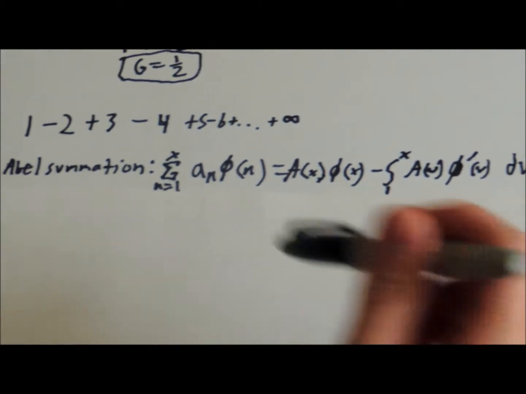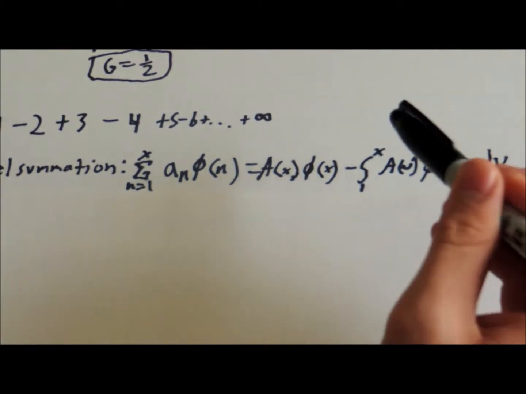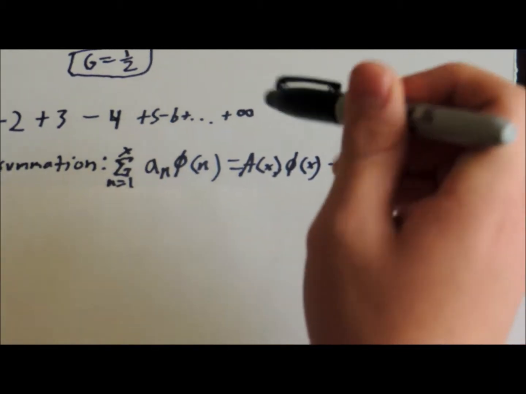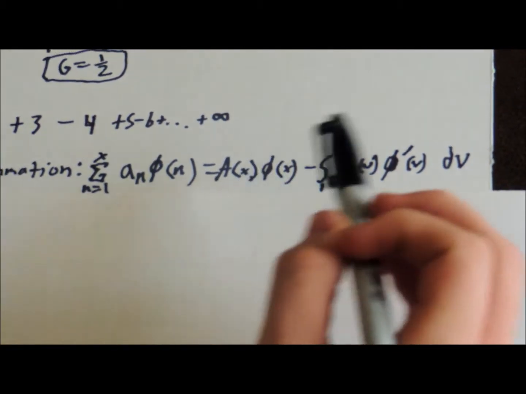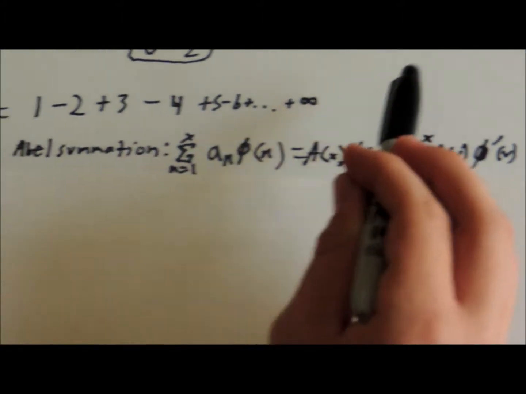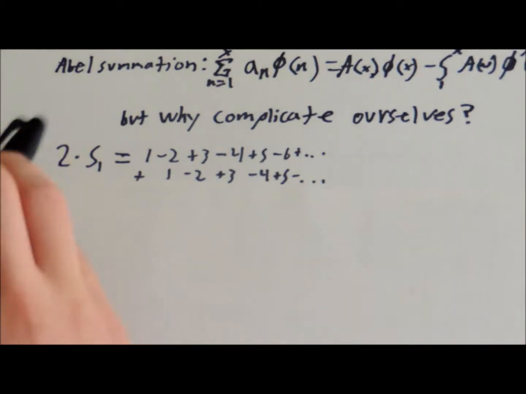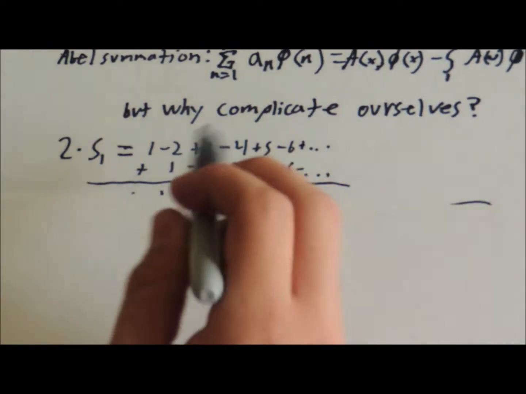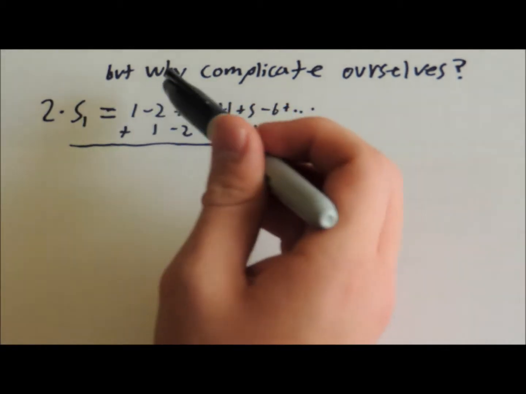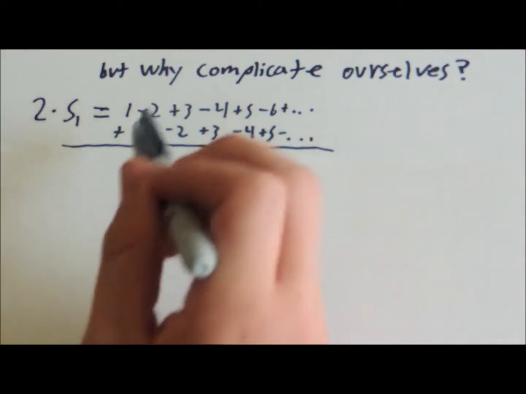So you can solve this using Abel summation, but we do not have enough time to use Abel summation. It would be too long. But Abel summation is basically integration by parts using different values of this series. A faster way for us to do this series is multiplying it by 2. Multiplying the series by 2 makes it 1 minus 2 plus 3 minus 4 plus 5 minus 6 plus the same thing.